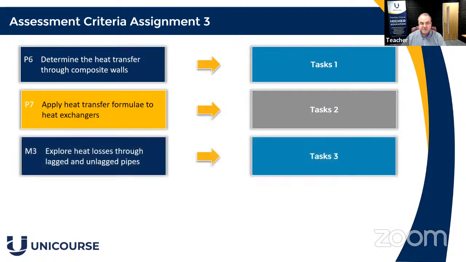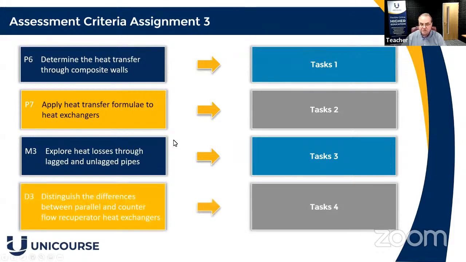The third criteria is to explore heat loss through lagged and unlagged pipes. Again, that's in task 3. And the final criteria is to distinguish the difference between parallel and counterflow recuperator heat exchangers. And that's adequately addressed in task number 4.